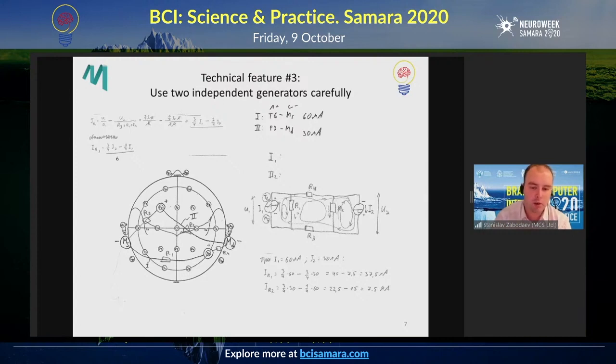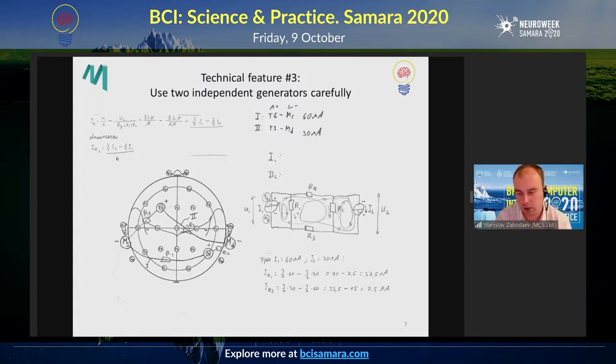So the anode-cathode connection based on the voltage of the current might lead to a situation when the stimulation will either worsen, as in this example that you see on the screen.